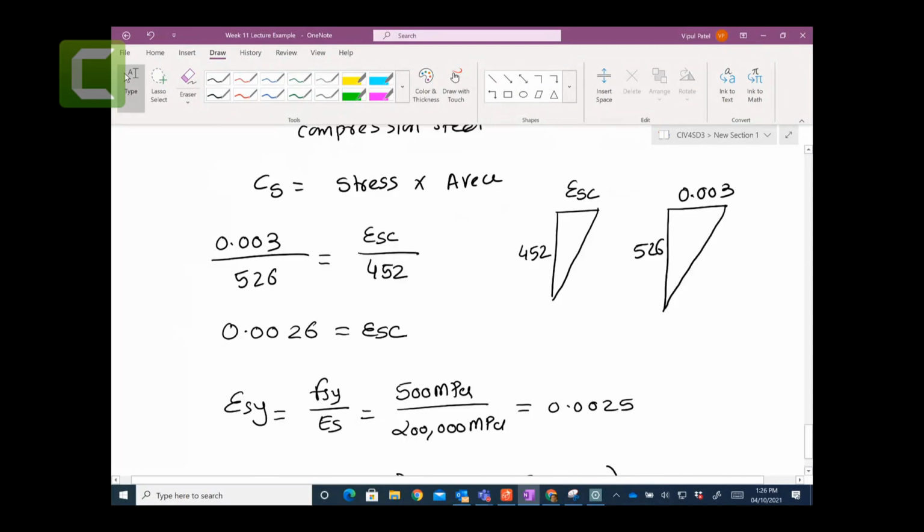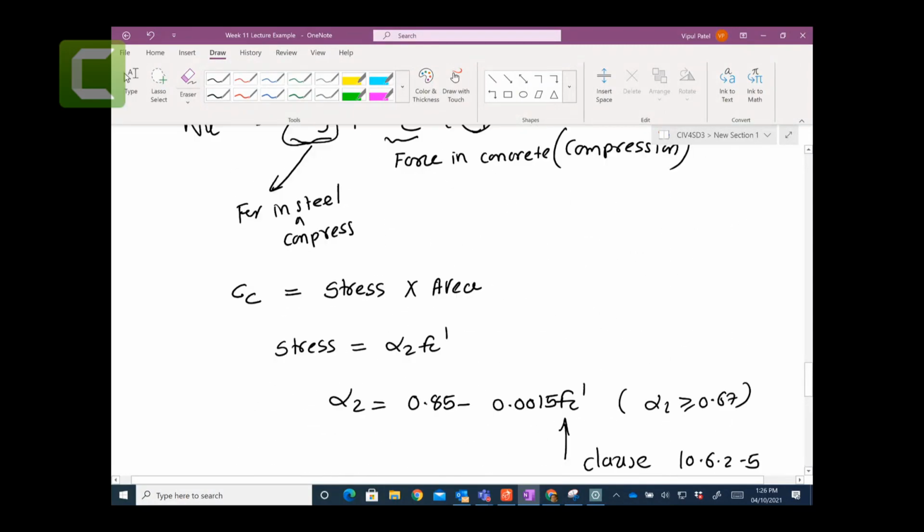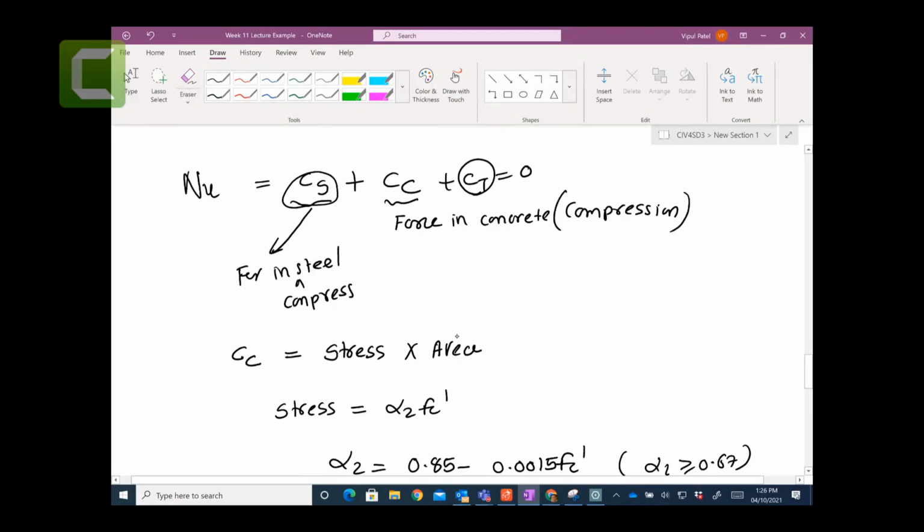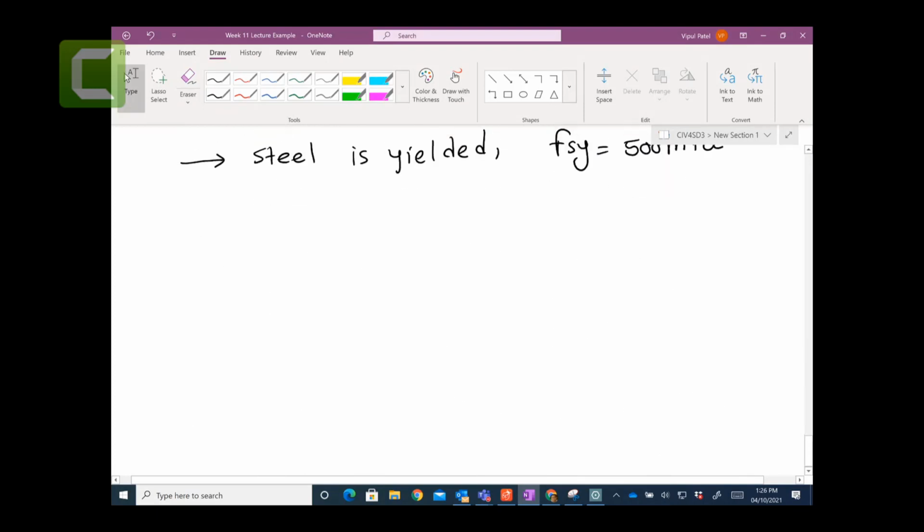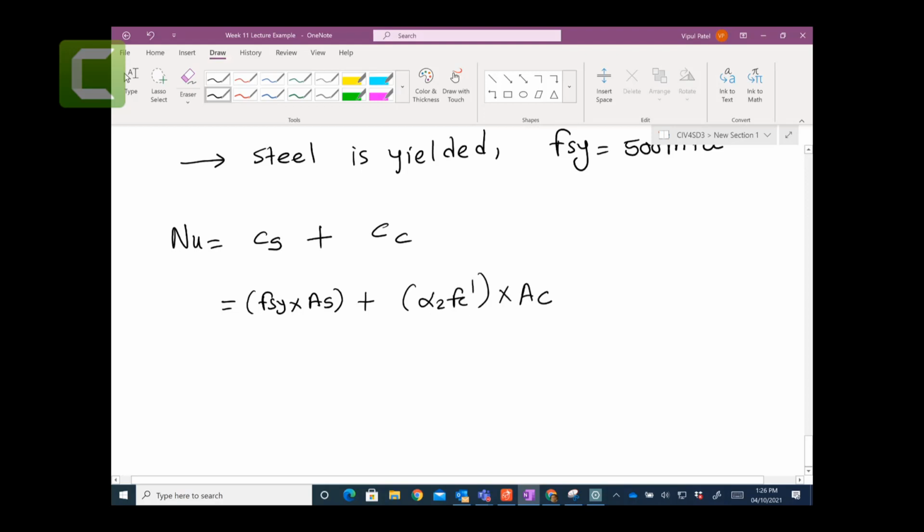Now we have all the details to calculate these Cs and Cc. So let's calculate this. Nu is equal to the force in the steel and the compression force in the concrete. This is the stress times the area of the steel, plus α2 fc dash times the area of the concrete. That is 500 megapascals yield strength.